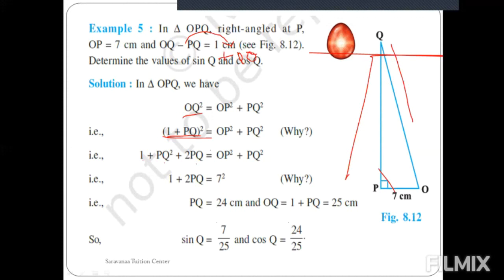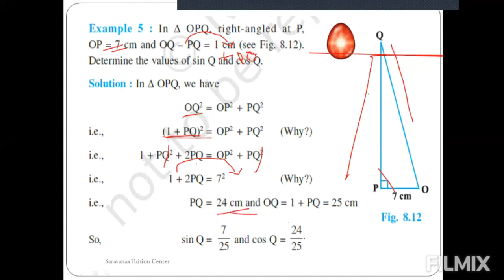So now, from both LHS and RHS, PQ square will be cancelled. Okay. Then 1 plus 2PQ equals OP square. They have given that OP equals 7. So instead of OP square, substitute 7 square. 7 square is 49. 1 plus 2 PQ equals 49. So 2 PQ equals 49 minus 1, 1 will be going to RHS. 2 PQ equals 48 and PQ equals 24.